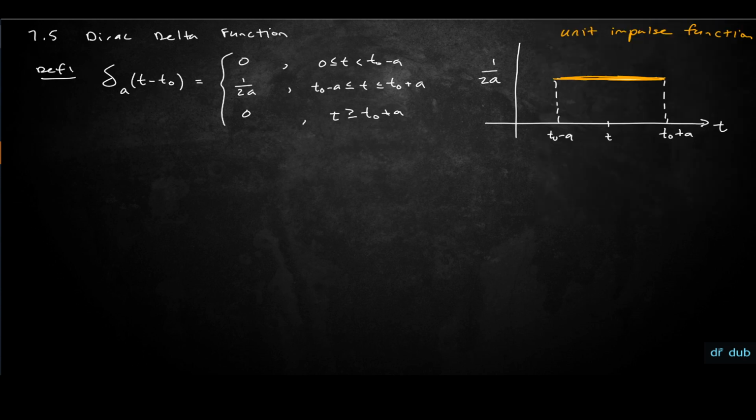So the area here equals 1 for all a. This distance is 2 times a from here to here. This height is 1 over 2 times a, so multiplying those we get 1. So the area under the unit impulse function is 1.